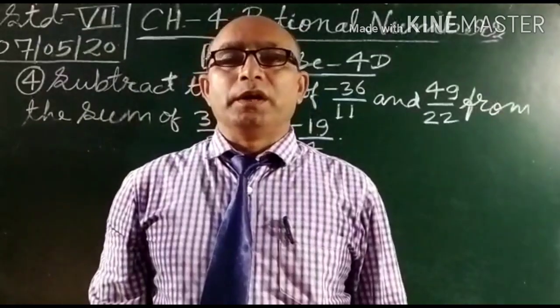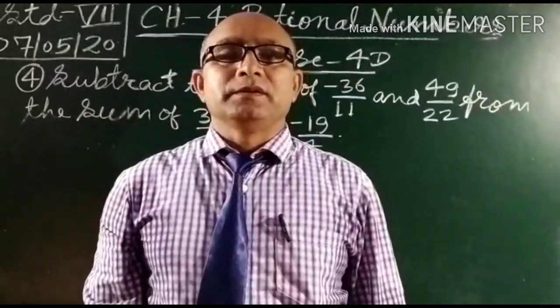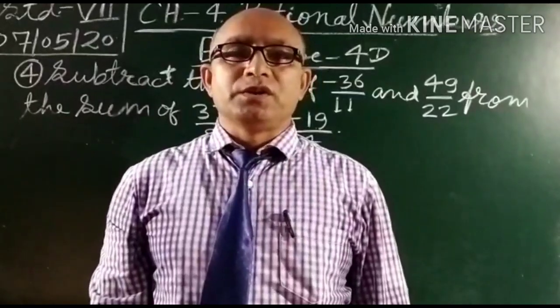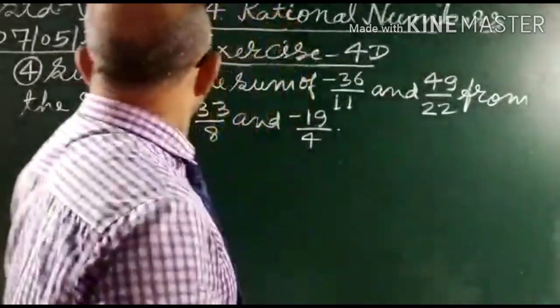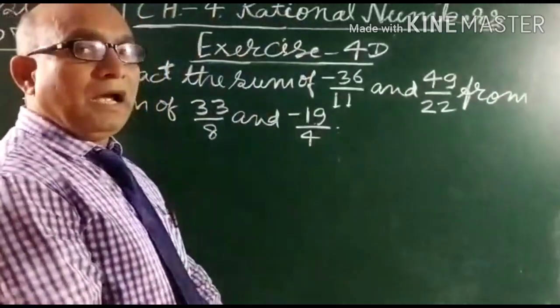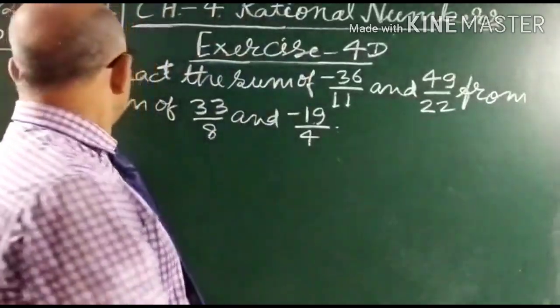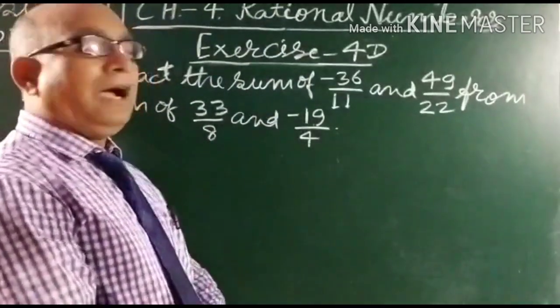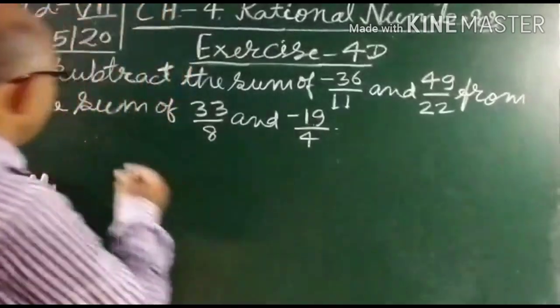Students, one important question. Write on this board, exercise 4D, question number 4. Subtract the sum of minus 36 by 11 and 49 by 22 from the sum of 33 by 8 and minus 19 by 4.